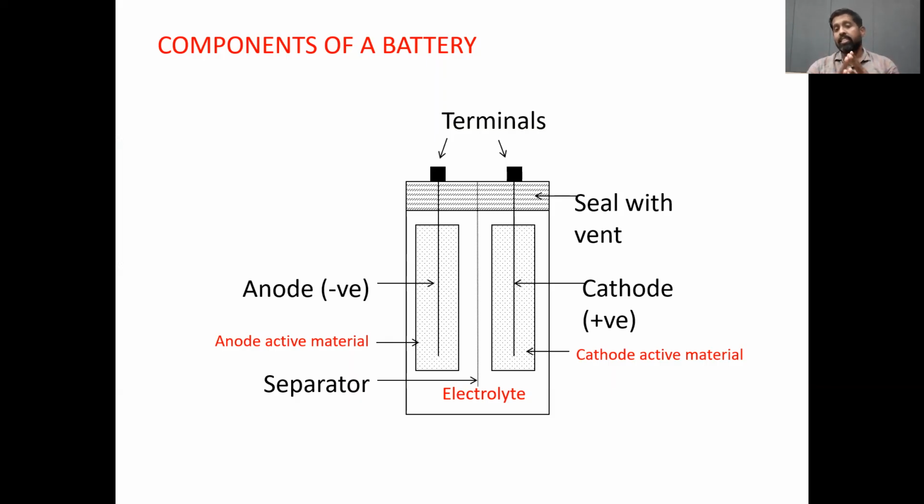During discharging, these active materials convert to electrochemically inactive materials, and during charging, they convert back to electroactive materials. So these are the simple components of a battery: an anode, a cathode, a separator, an electrolyte, and active materials, anode active materials and cathode active materials.